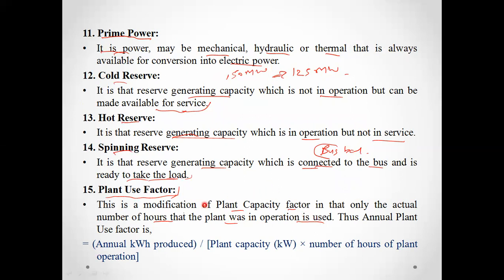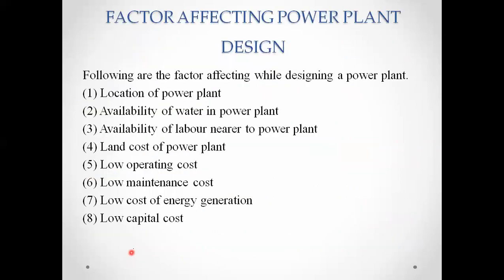The annual plant use factor is defined as the annual kilowatt hours produced, divided by the plant capacity in kilowatt multiplied by the number of hours of plant operation. So we have to consider how many hours the plant is operating.